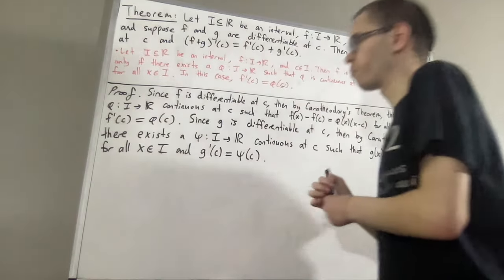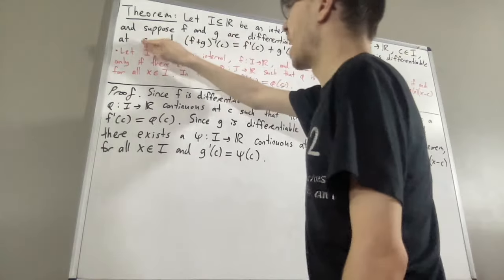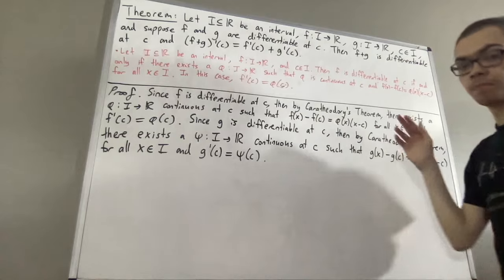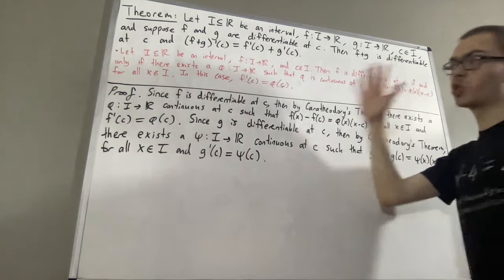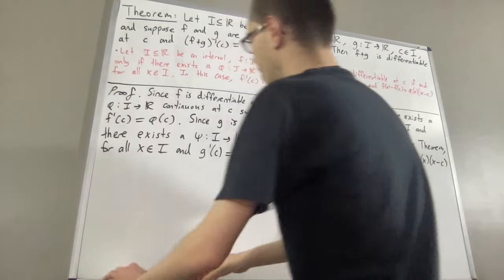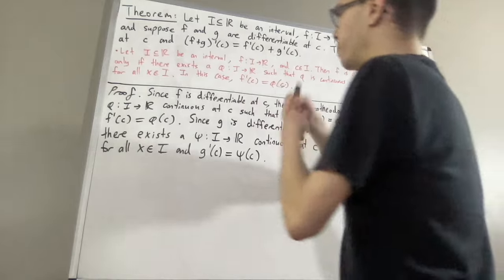Now the whole goal is to show that f plus g is differentiable at c, and that the derivative of f plus g at c is this value. And to do that, we are going to apply Carathéodory's theorem. So in Carathéodory's theorem, we are taking this function to be f plus g.